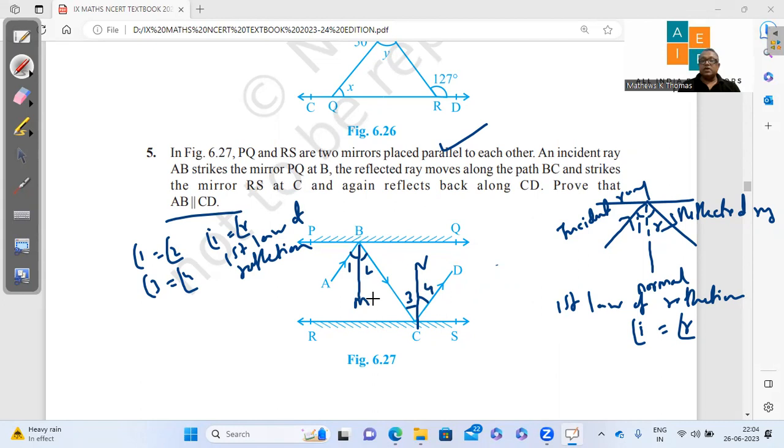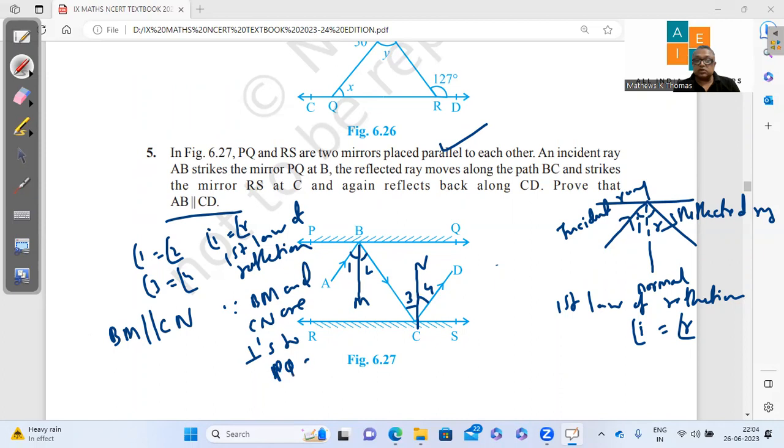Now, as I said, BM and CN are normals. Normals are always perpendicular to the mirror. And we know that two perpendiculars to two parallel mirrors will always be parallel. So BM is parallel to CN because BM and CN are perpendiculars to PQ and RS, which are parallel to each other.